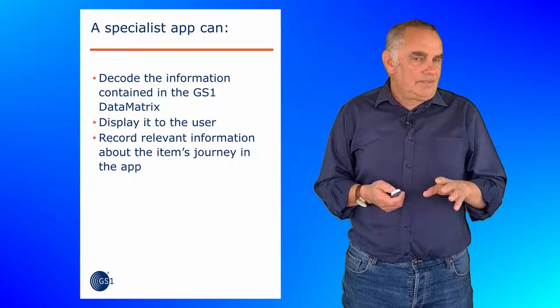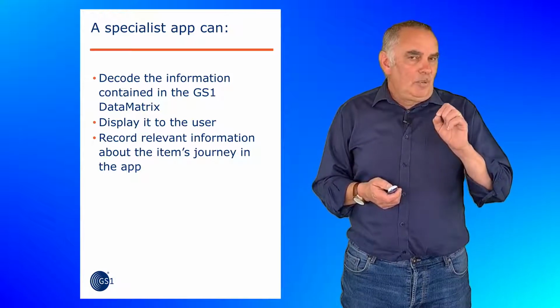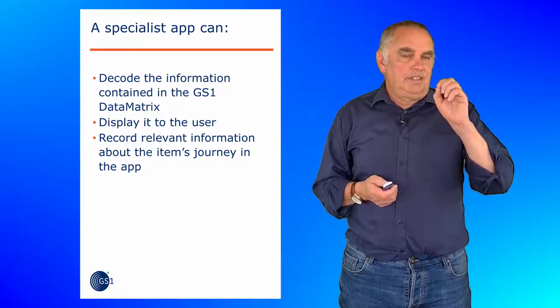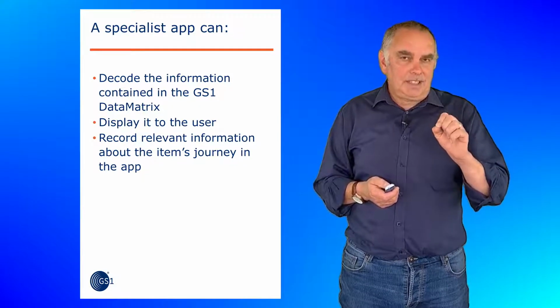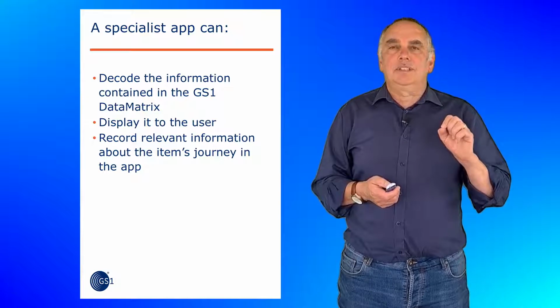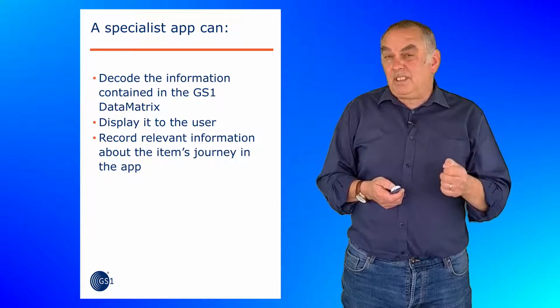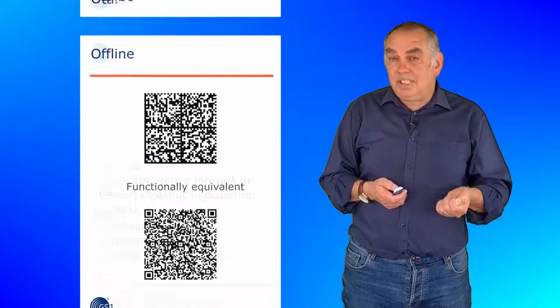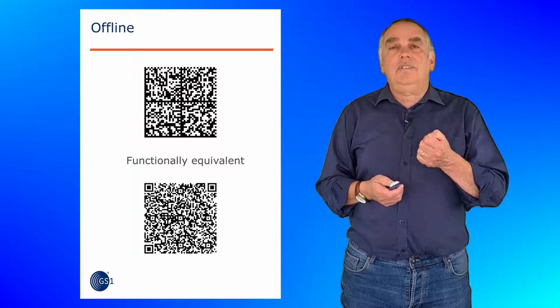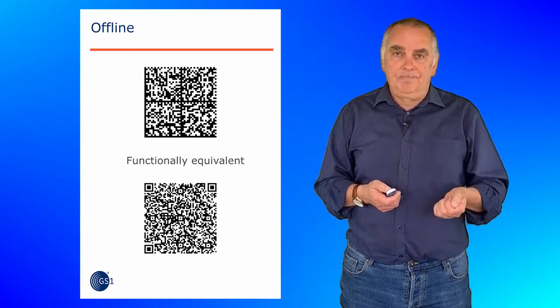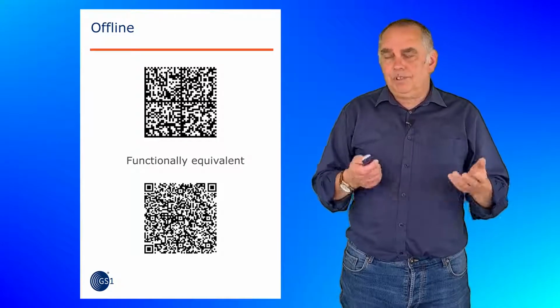In other words, whether you use the GS1 element string syntax or the GS1 Digital Link URI syntax, in terms of a specialist Scan4Transport application, they are functionally equivalent. Doesn't matter which one you use, the one you prefer.